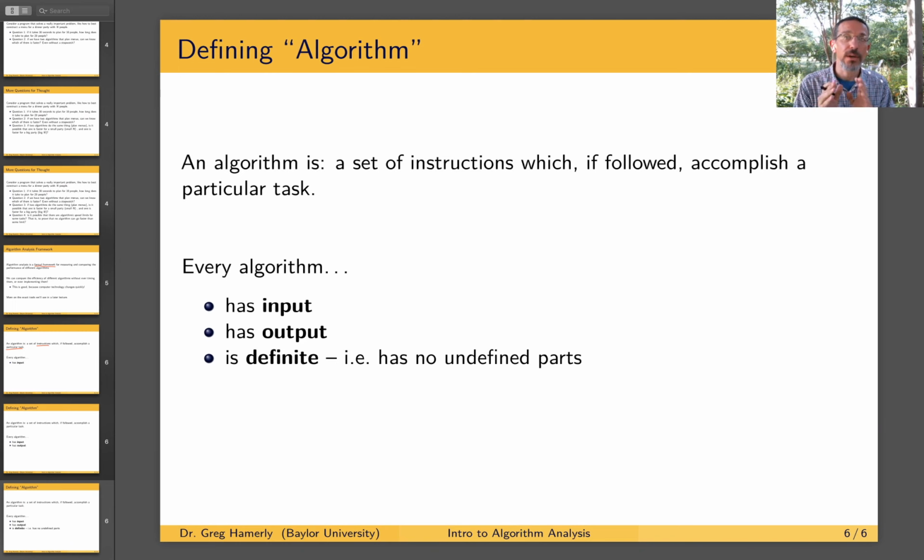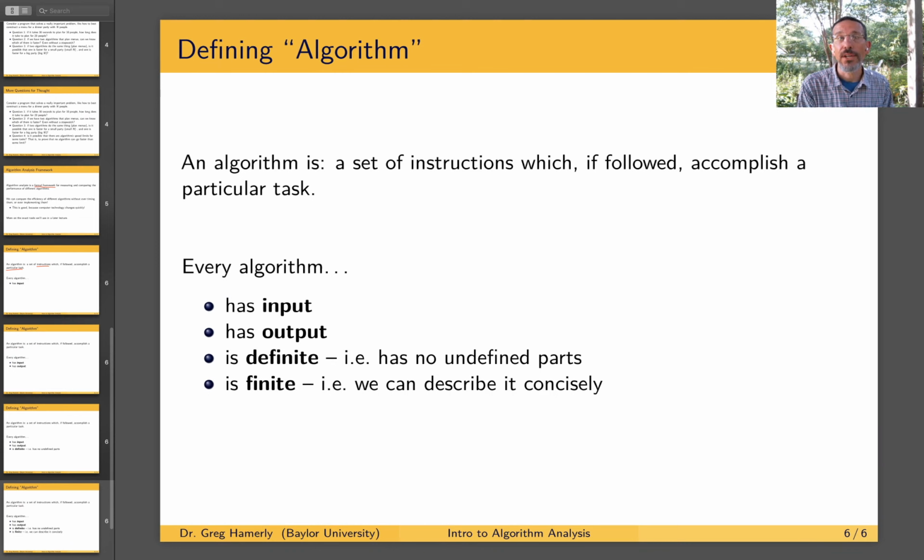No, every part is well defined. It's also finite, which means we can describe it concisely. We can write all the parts down. An algorithm is not an algorithm if it would take us forever to write it down. This doesn't actually have to do with whether it will finish running. It has to do with whether we can write down what all the steps are.